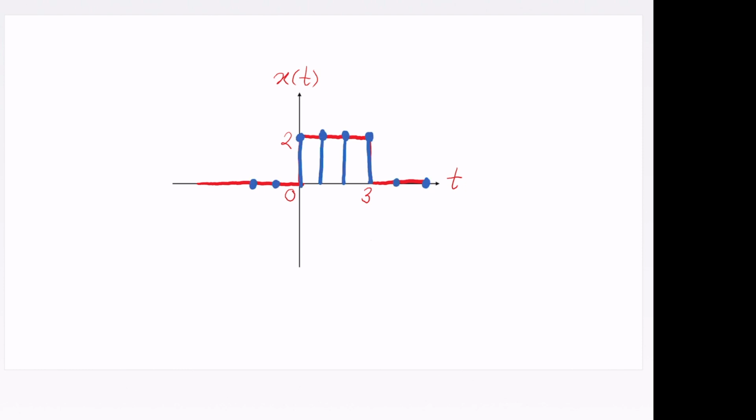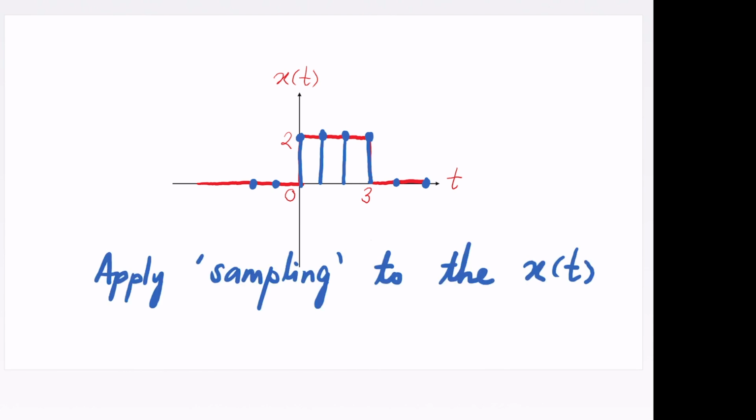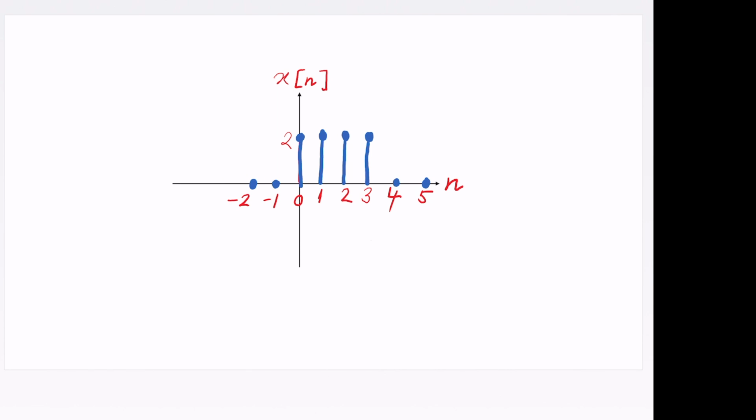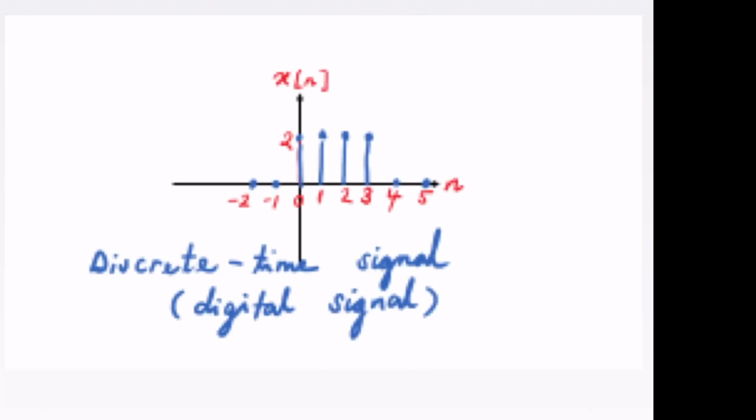When we apply the sampling process to this signal, let's say we apply sampling at t equal to 0, t equal to 1, t equal to 2, t equal to 3, and so on, what we get is what we call a discrete time signal or digital signal.